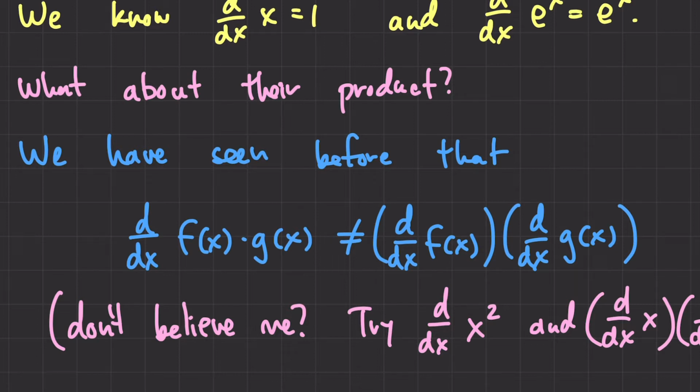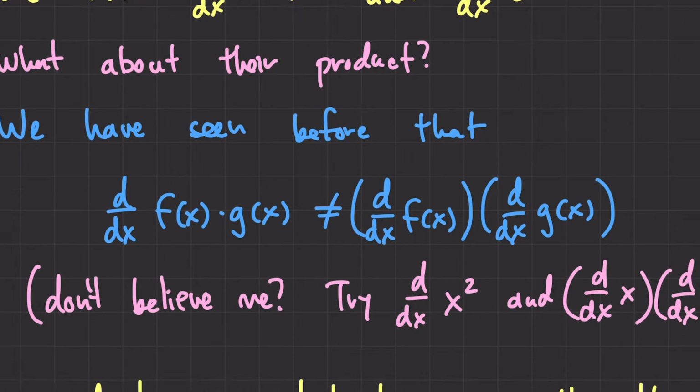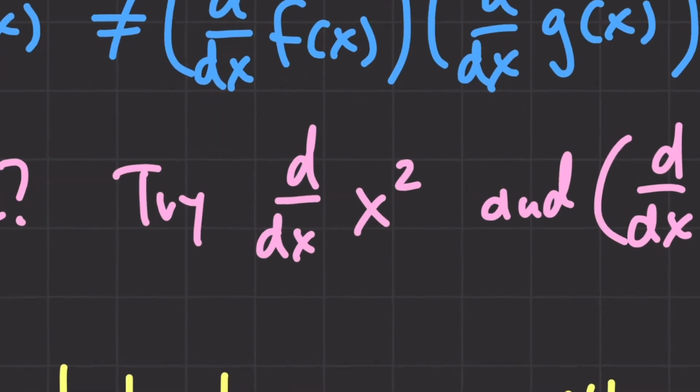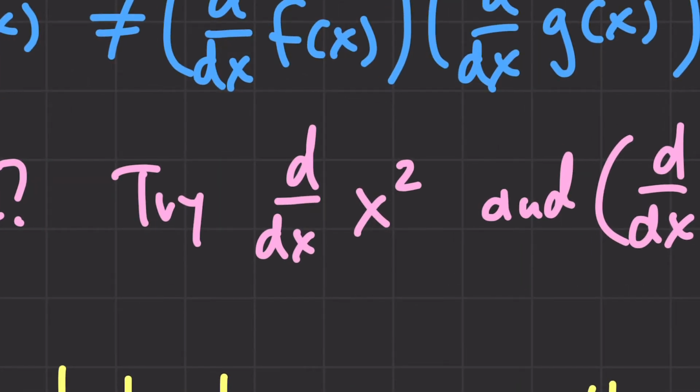Okay, well, we've seen before that the derivative of a product of functions is not equal to the product of their derivatives. I think I pointed that out a few days ago. I forget exactly which day, but it certainly is the fact that these are not equal. And if you don't believe me, try calculating the derivative of x squared, and then try to factor x squared into x times x.